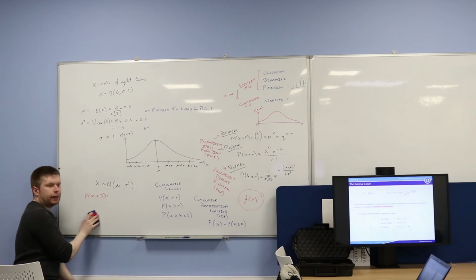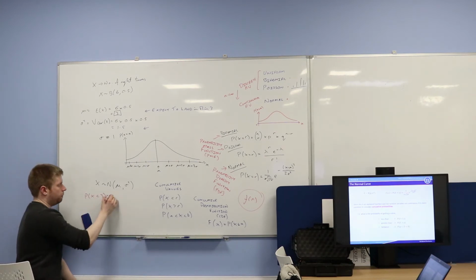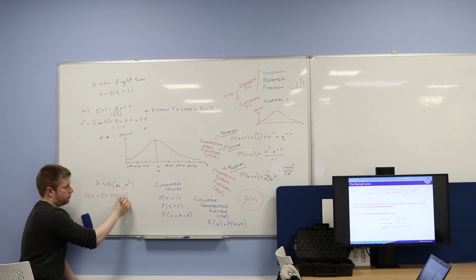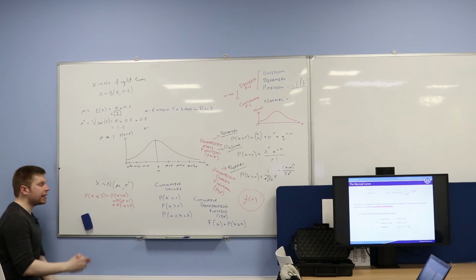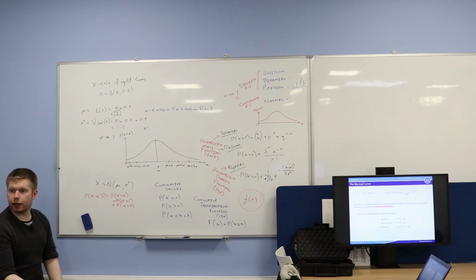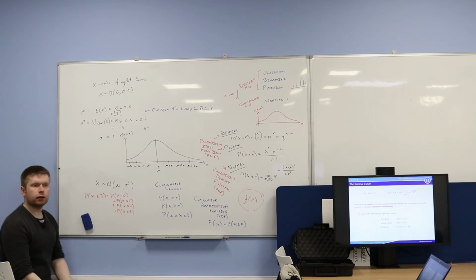How would I calculate that? Yeah, so the probability that x equals 0, plus the probability that x equals 1, plus the probability that x equals 2. Fantastic. If I change that to less than or equal to 3, what do I need to add on? Absolutely, x equals 3.